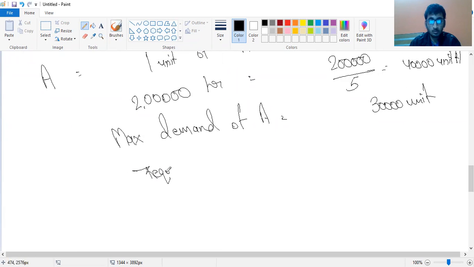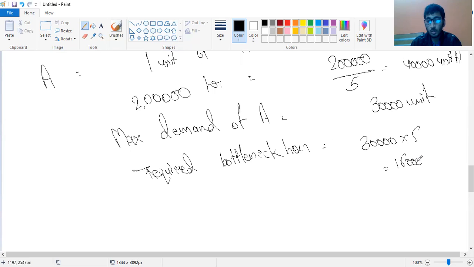Required bottleneck hours: 30,000 multiplied by 5. We require 1,50,000 bottleneck hours for manufacturing 30,000 units. It's clear, right? Now we are done with A as well.